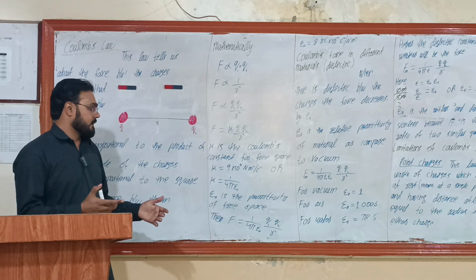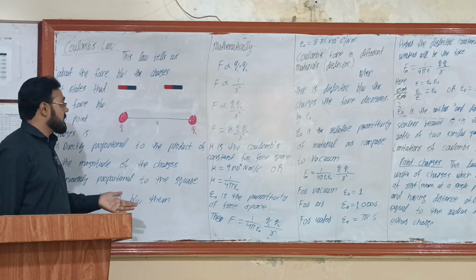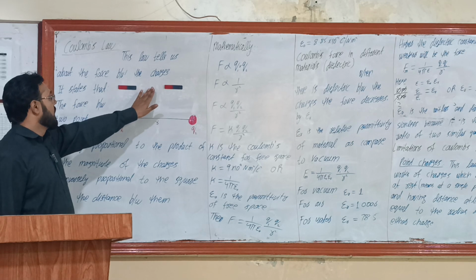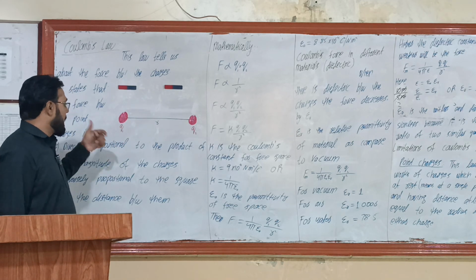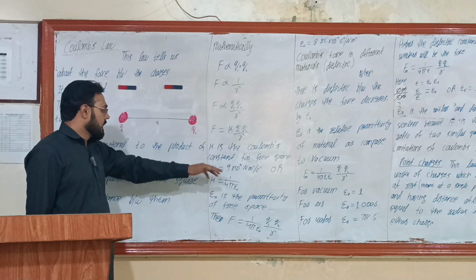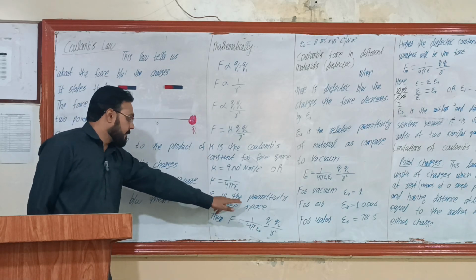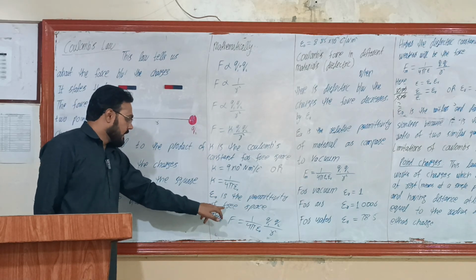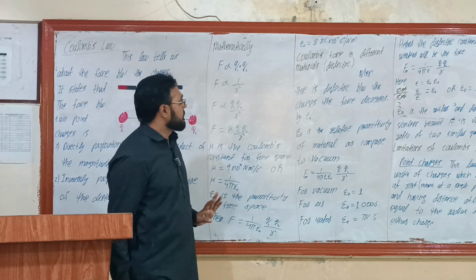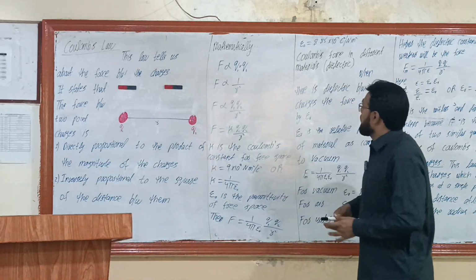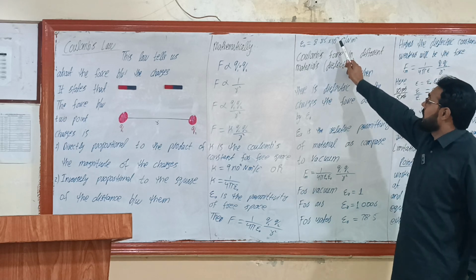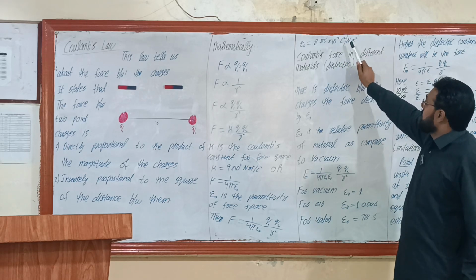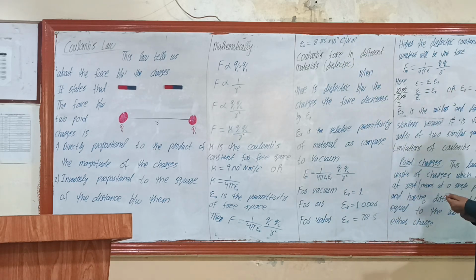Permittivity means permission: free space permits this charge to apply a force on this one. The value of epsilon naught for free space is 8.85 multiplied by 10 to the power minus 12 coulomb square per newton meter square.